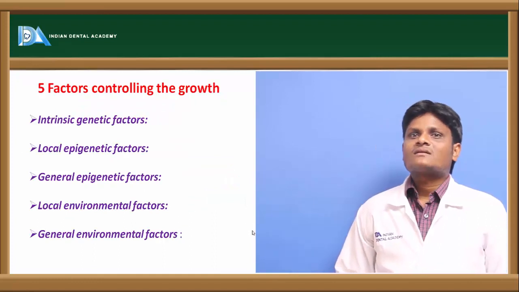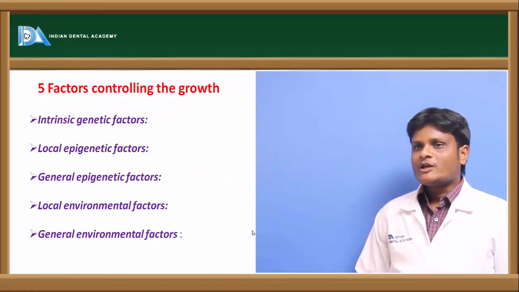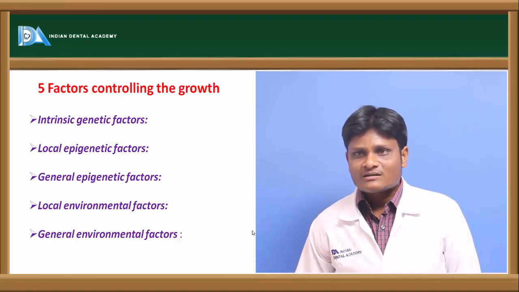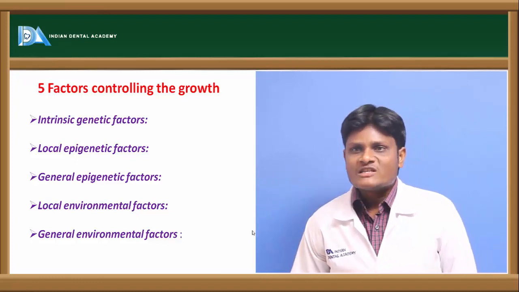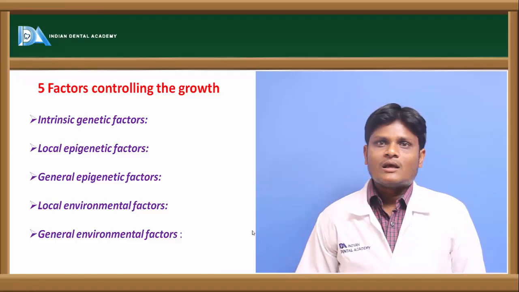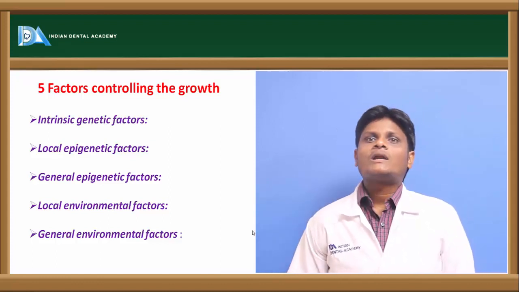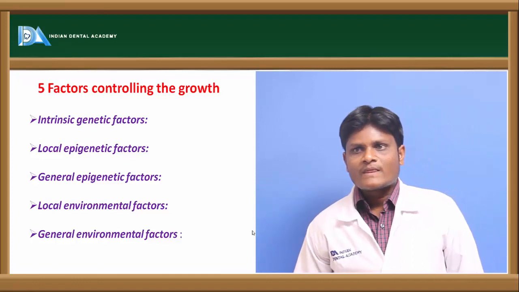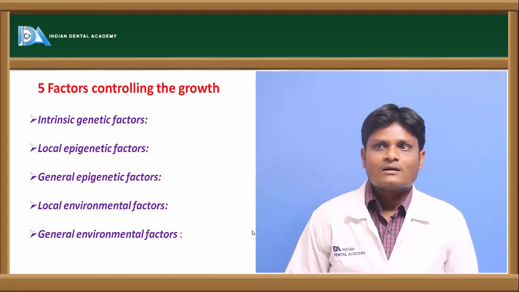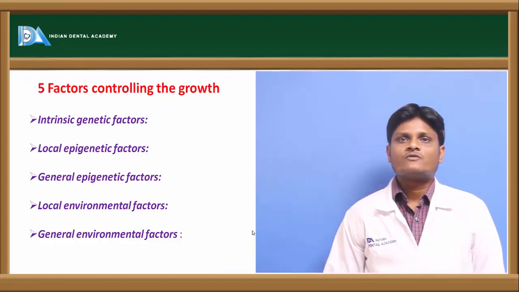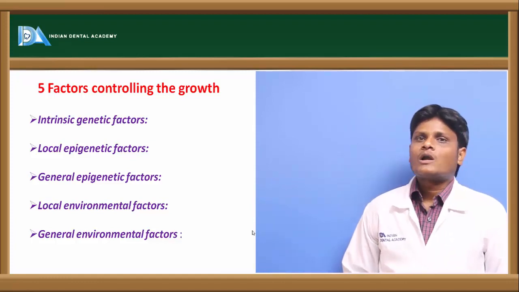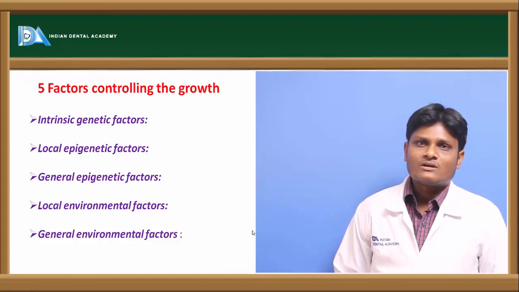The factors controlling growth are intrinsic genetic factors, local epigenetic factors, general epigenetic factors, local environmental factors, and general environmental factors. So these are the 5 factors controlling the growth of an individual. That's why this theory is named von Limburg's multifactorial theory.